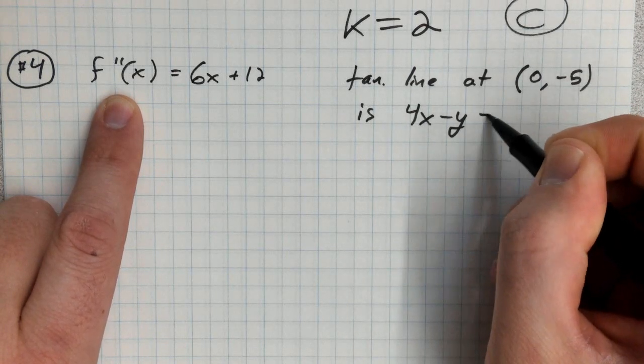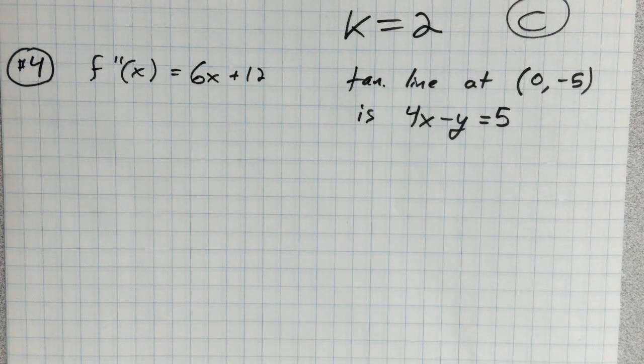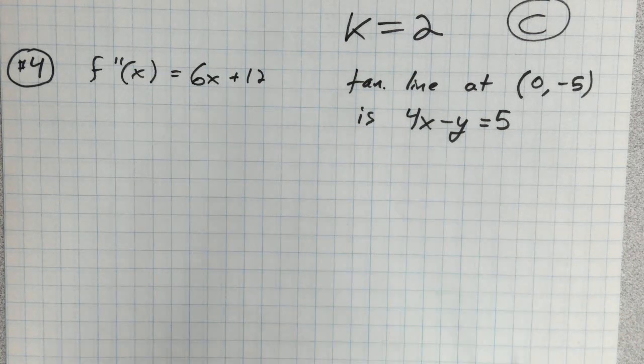So you can see they've already made it clear that they're going to be obnoxious. They've put this in standard form of a line as opposed to slope-intercept form, despite the fact that it's basically useless. That's an overstatement. But slope-intercept is what we're accustomed to and usually where our lines end up. So anyway, they're already sort of trying to annoy us. But let's see if we can figure out what the answer to part A is.